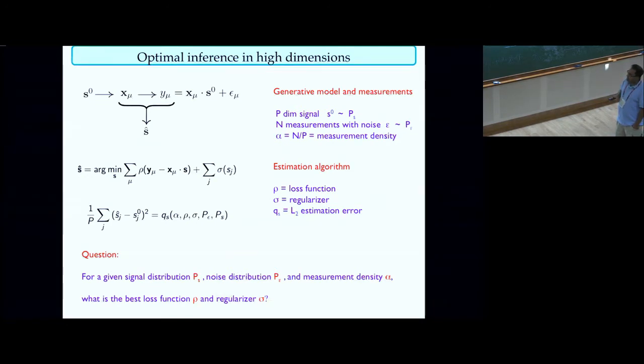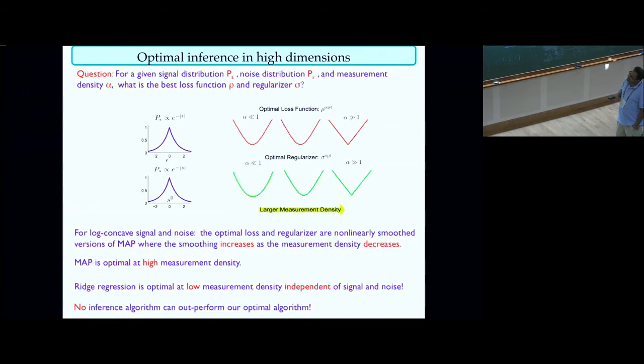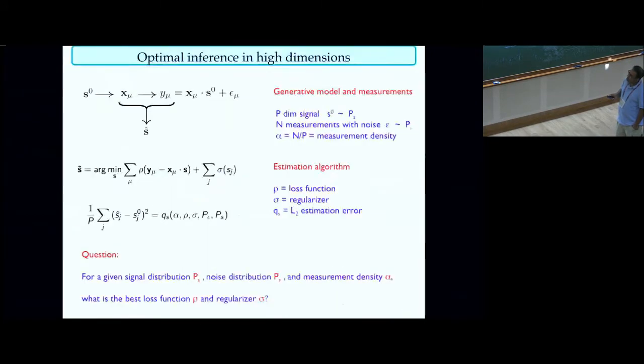Okay. So almost every, I skipped a slide. Okay. So there are actually a lot of algorithms that can be written in this form. For example, maximum likelihood estimation, rho would be the minus log probability of the noise put in here, and sigma would be 0.